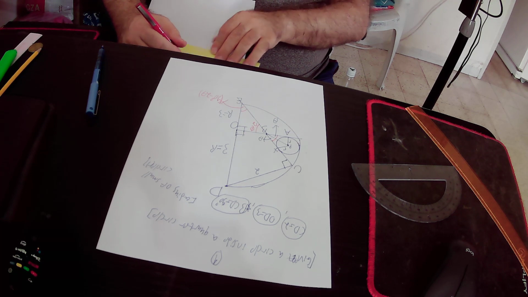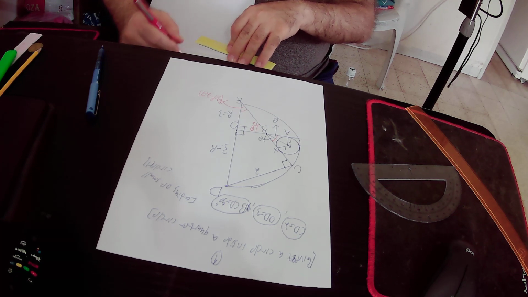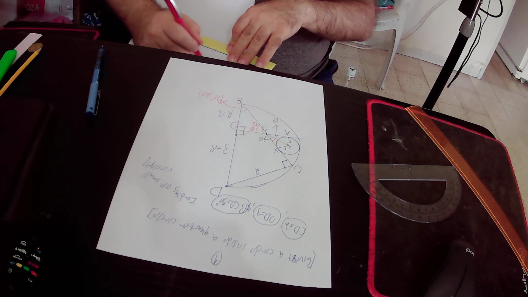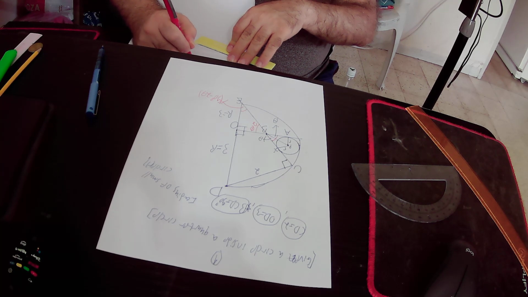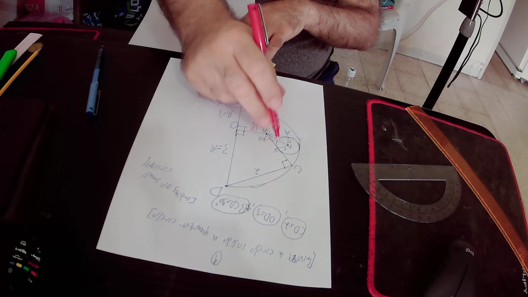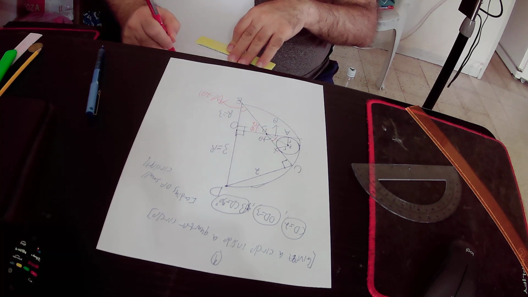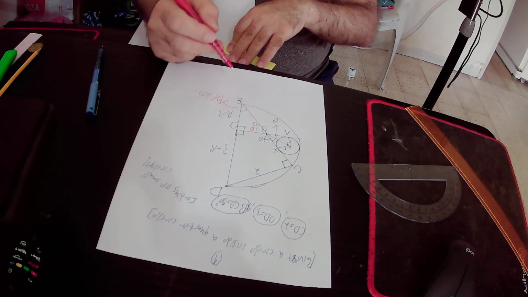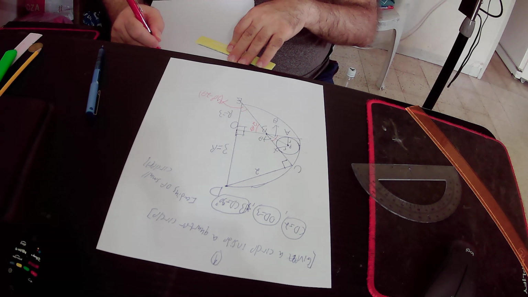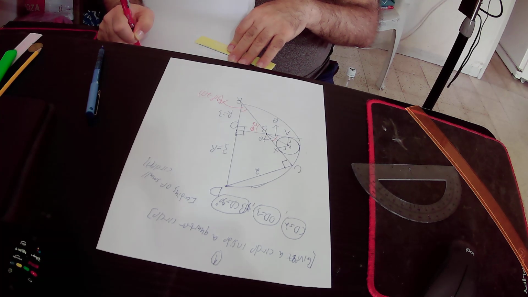That is to say, the size of angle CDE plus 90 degrees, the size of this angle, plus the size of this angle, that is 90 degrees minus 2 theta, must be equal to 180 degrees.